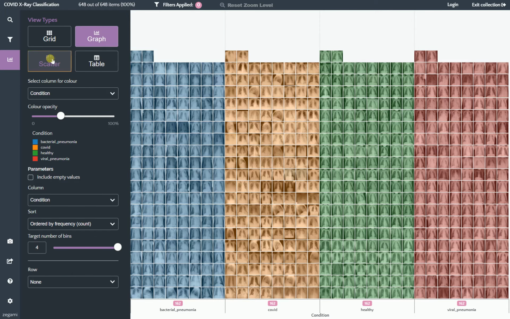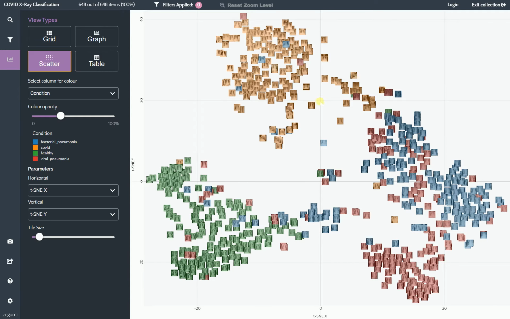Having a look at this in the scatter plot view, what we've done here is a t-SNE clustering, which is a dimensionality reduction technique. We've basically trained our model with the different data sets, and it's classified these into these 4 different categories, but we've taken the last layer of the model and used that to inform the clustering.